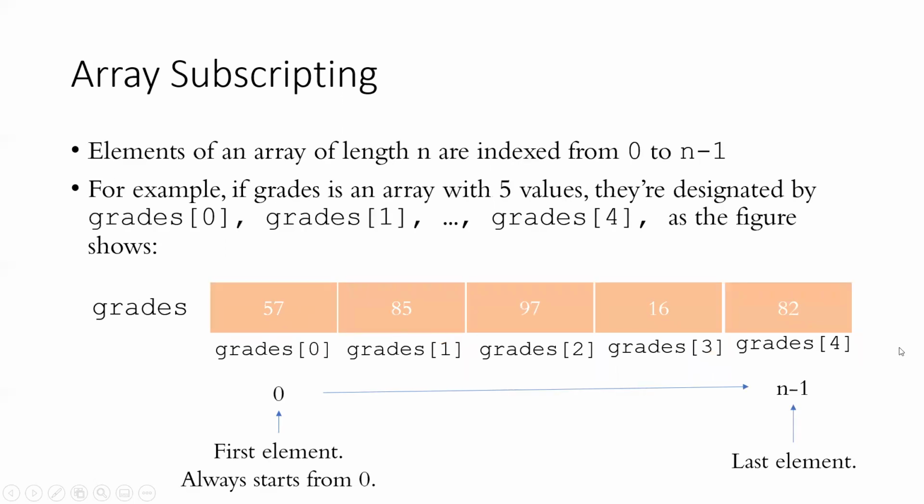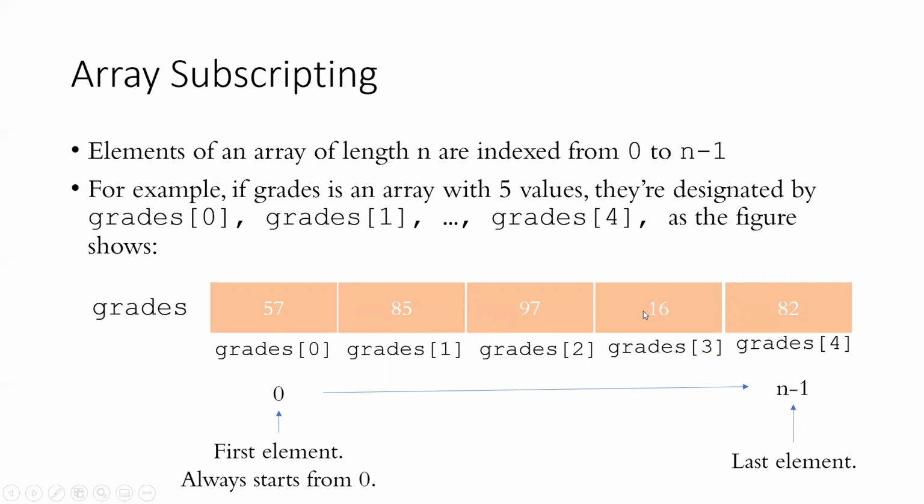Elements of an array of length n are indexed from 0 to n minus 1. For example, if grades is an array with 5 values, they're designated with grades of 0, grades of 1, and up to grades of 4, as the figure shows. Again, the first element starts with 0, and the last element is n minus 1, where n refers to the length of the array.